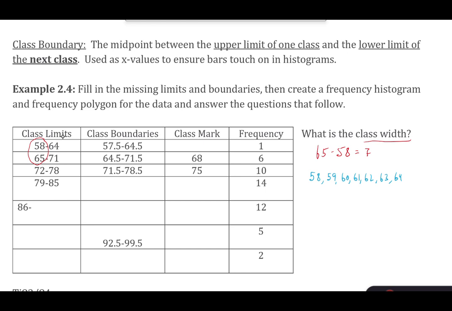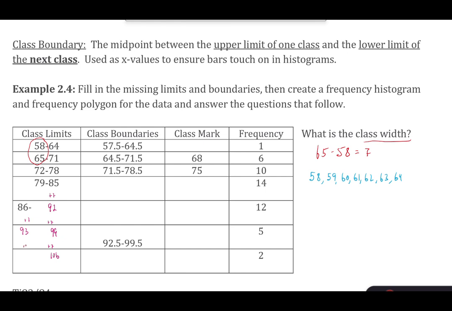So if we continue with this same idea of adding vertically, we can add 7 to the 85 to get 92, add 7 to the 92 to get 99, add 7 to the 99 to get 106. We can add 7 to the 86 to get 93.